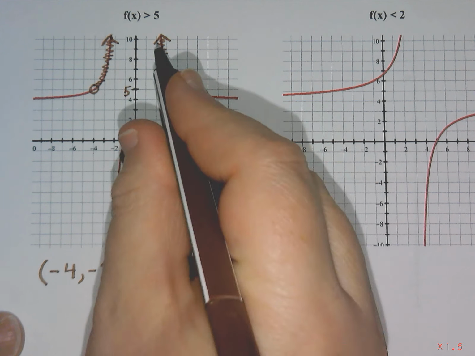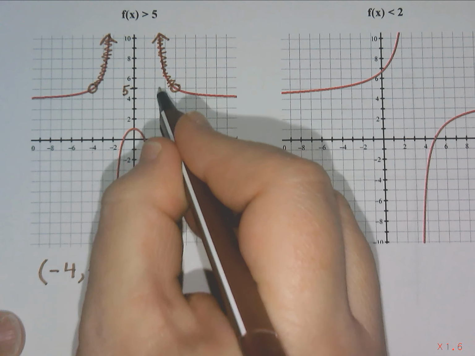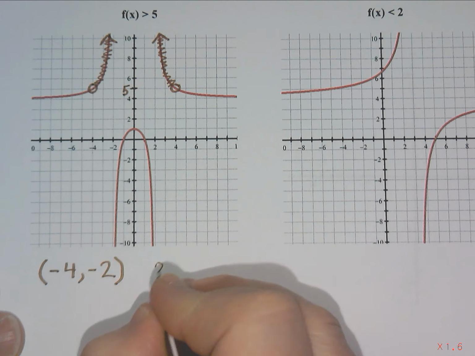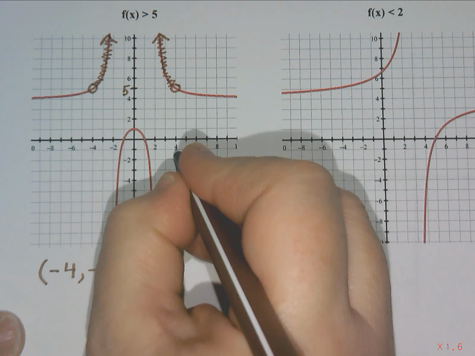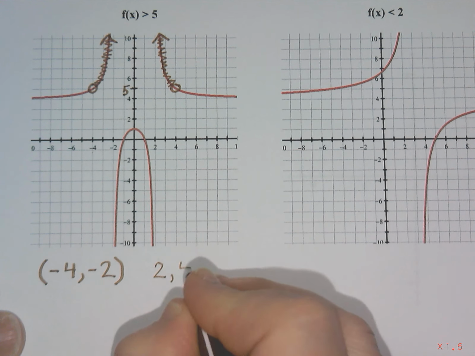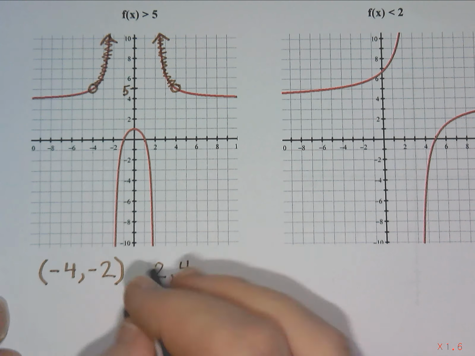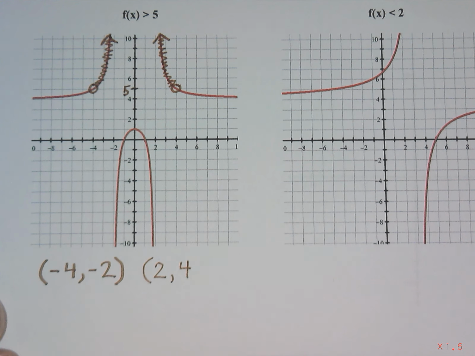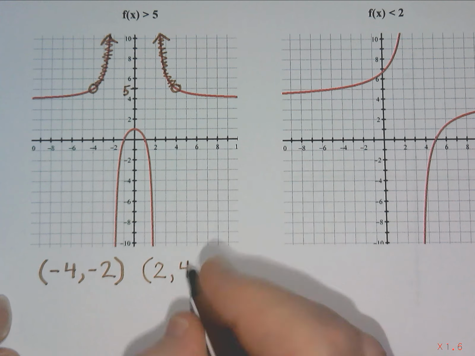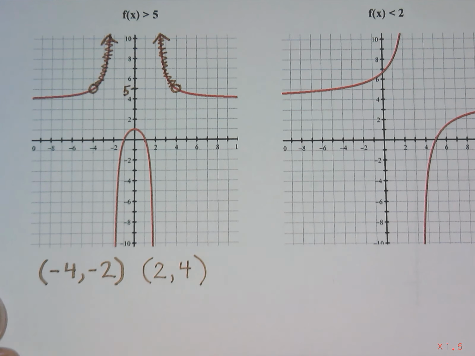All right, this section starts at my other asymptote at 2 and then continues until 4. Asymptote, we don't have points there, so that's just a rounded bracket. It doesn't have an equal. And then at 4, we have an empty circle, so we're going to do a rounded bracket as well. And then we're just going to unite those two sections.